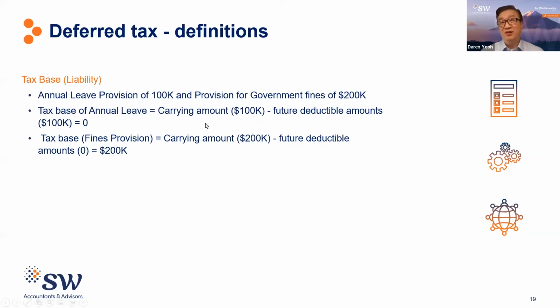So you get a deduction for 100,000 as well. So the tax base is 0. In relation to the provision for fines, the carrying amount of 200,000, and because fines are not deductible, you do not get a deduction when you pay out that provision. So it's 0 in terms of future deductible amounts, and the tax base is 200,000.